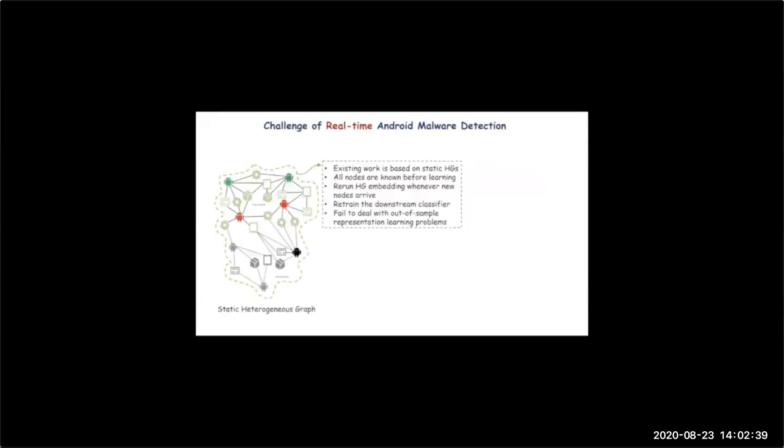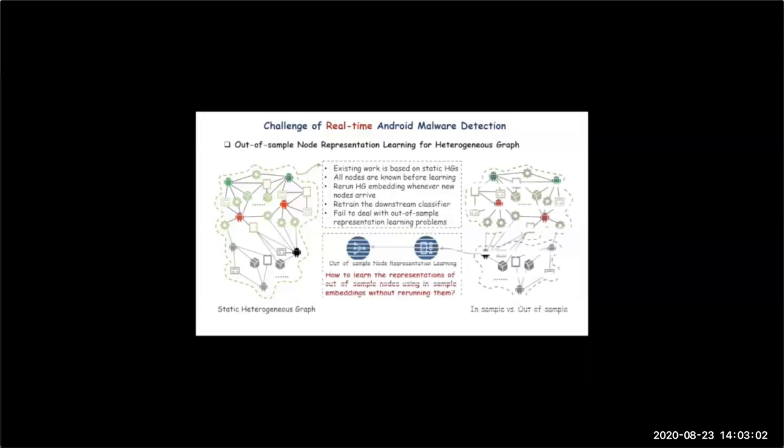And then we further extend our work to resolve the problem of out-of-sample node representation learning in heterogeneous graph for real-time Android malware detection. Most of the existing works are based on static heterogeneous graphs, which means all nodes are known before learning, and to obtain the representation for out-of-sample nodes you need to rerun the heterogeneous graph embedding and make the downstream classifier retrain. To resolve the real-time prediction problem, we need to tackle the challenge of out-of-sample node representation.